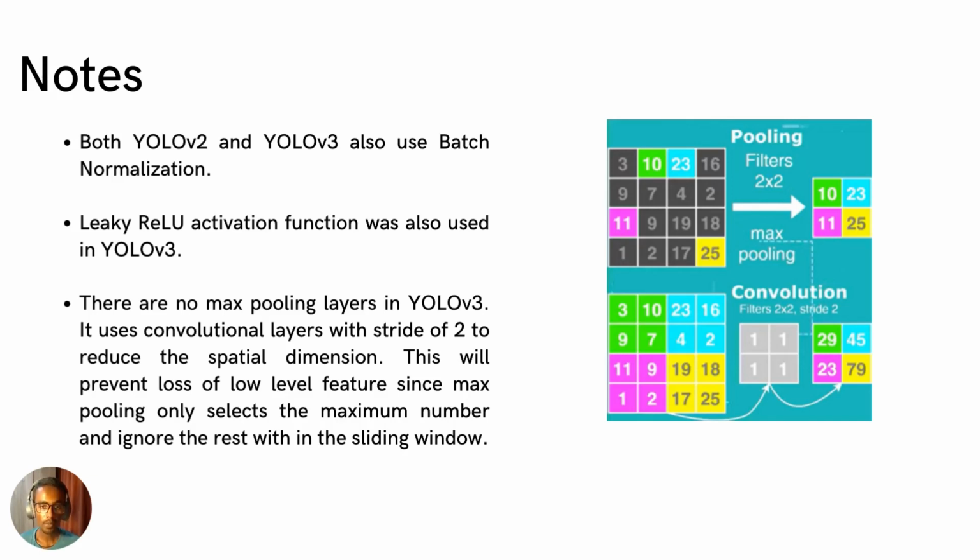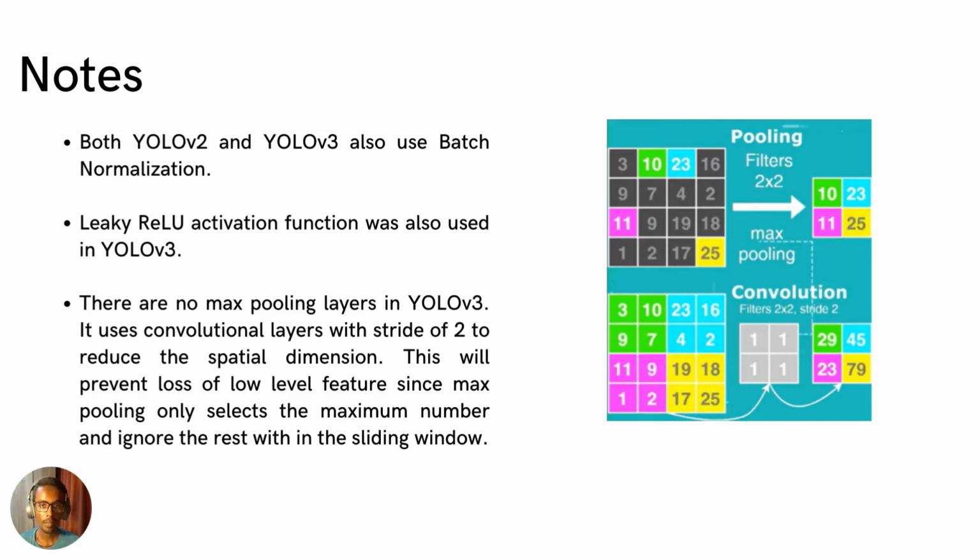When you use convolutions, you're taking into account all of the numbers and all of the pixel intensities within your image. If you want to reduce the spatial dimension of the input image, you can just use a stride of 2, because max pooling is mostly used with a stride of 2 in order to reduce the spatial dimension.